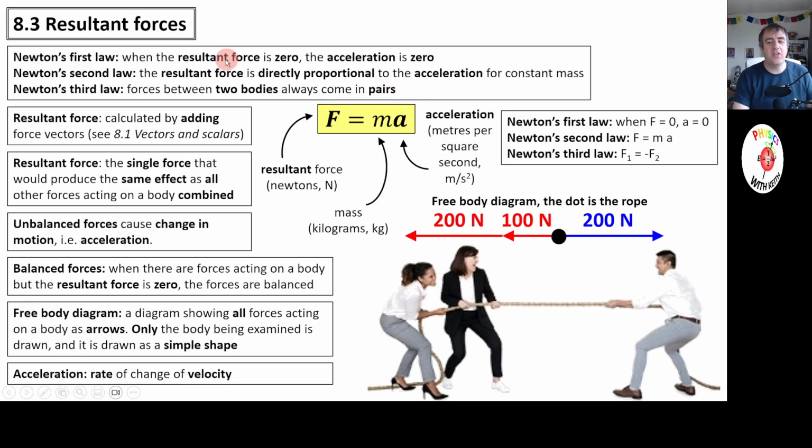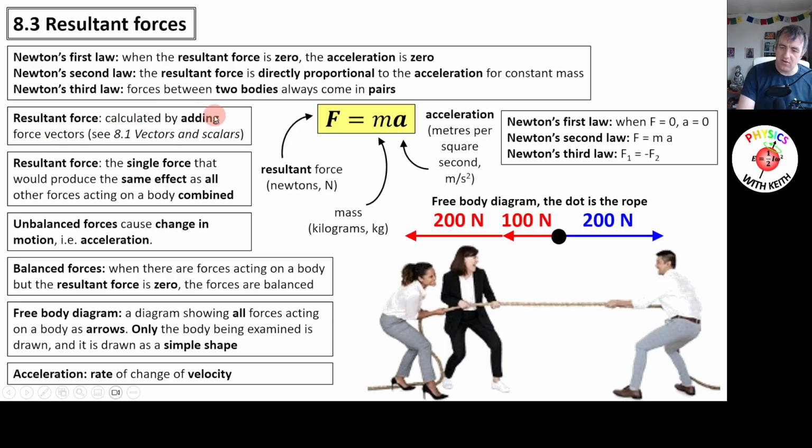Right, now let's focus on Newton's second law, because that's the one when the resultant force is not zero, and that's the interesting situation for us. So resultant force, we know how to calculate that. There's another way of defining it. Yes, it is what you get when you do a vector addition of force vectors.